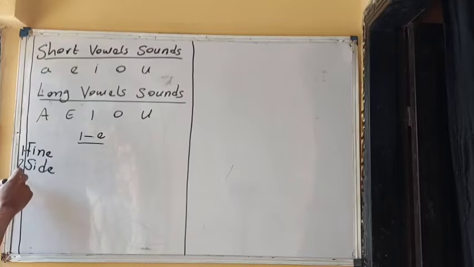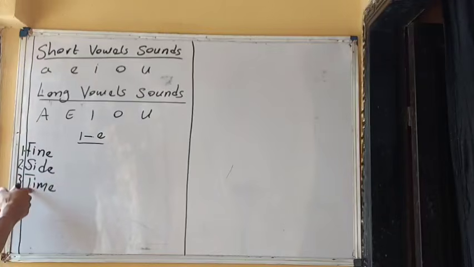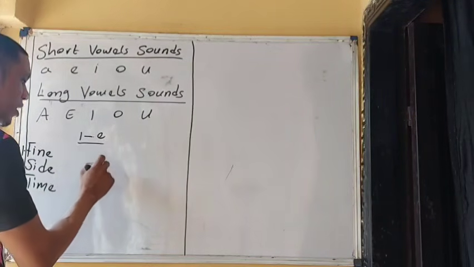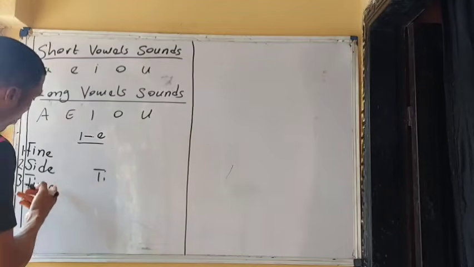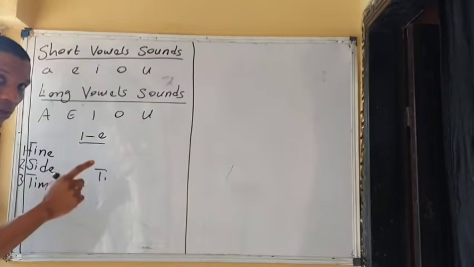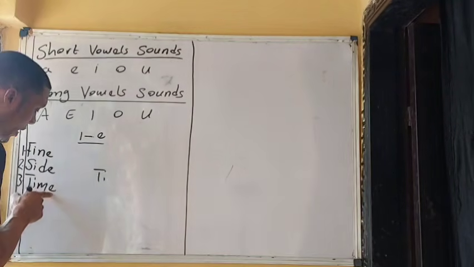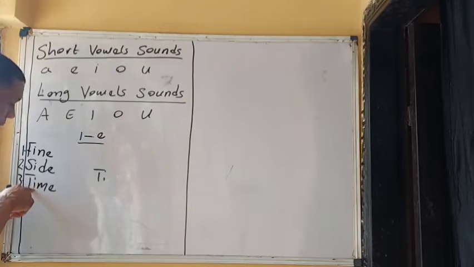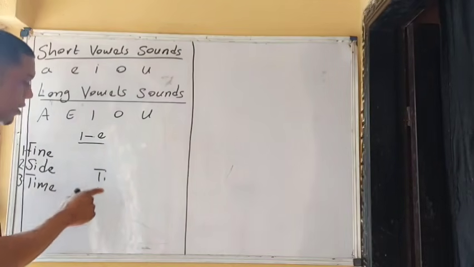Number three, we have t-i, which is "ti". If I add m-e, it becomes time. From our vowels and consonants, t-i is "ti", but it is this letter now that is affecting that sound to the "I" sound. I want you to pay attention to that. It is this letter E that is affecting this letter I to its original sound. That is the alphabetic sound.